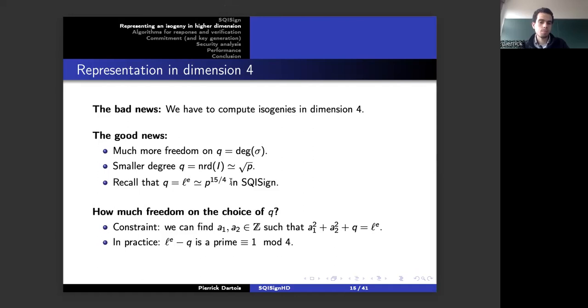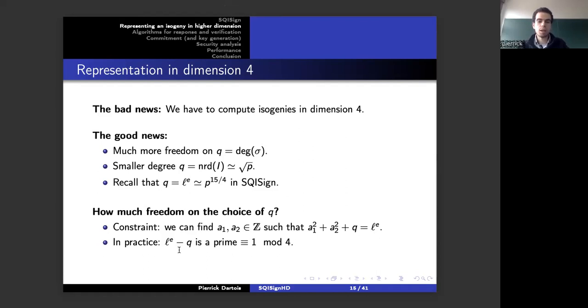Unfortunately, how much freedom do we have on Q? In dimension 4, we have much more freedom, but not all the freedom we want. We still need to be able to find those integers A1 and A2 such that L to the E minus Q is the sum of those squares.